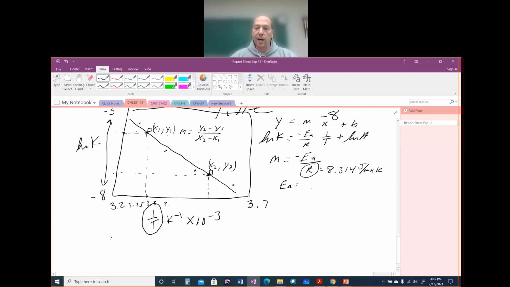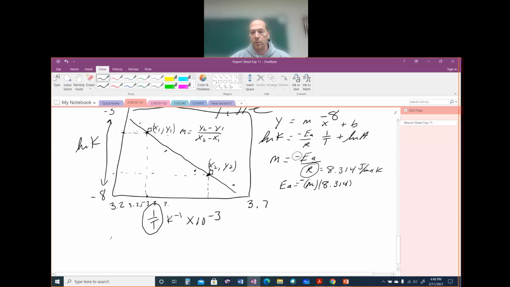And so your energy of activation is equal to your slope, which is going to be a negative number. All right. And so there's a negative out in front. That's where this negative is. All right. So a negative times a negative, energy of activation is always a positive number times the 8.314. That is your R value. So that's how you're going to get your energy of activation.